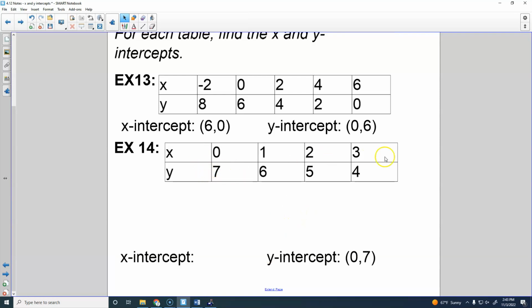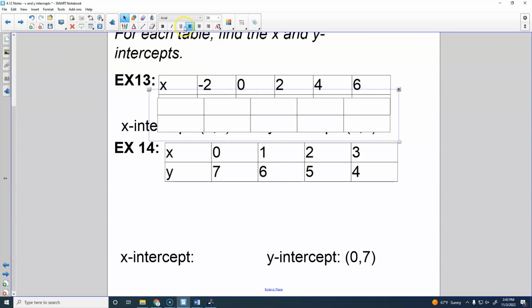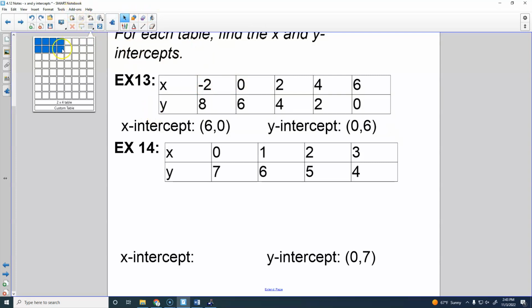I need to look for where the y is going to be 0. Is that past 3 or back before 0? Past 3, right? Because I'm decreasing: 7, 6, 5, 4. So what I can do is continue my table.